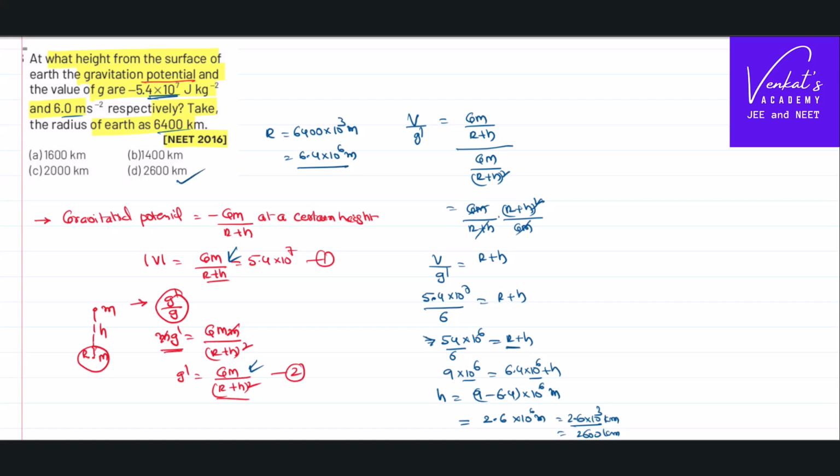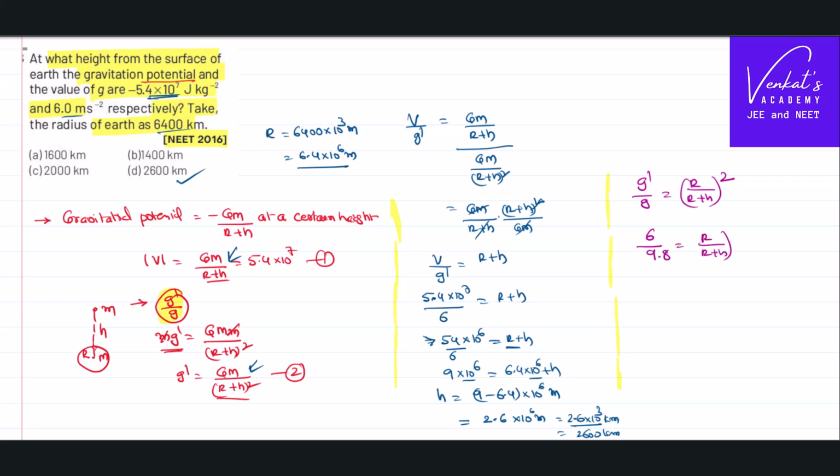So this is the simplest way to solve the problem by using the data. Maybe you can try solving the problem without using the potential data by using a formula like g dash by g equals r by r plus h whole square. g dash is 6, g is 9.8.